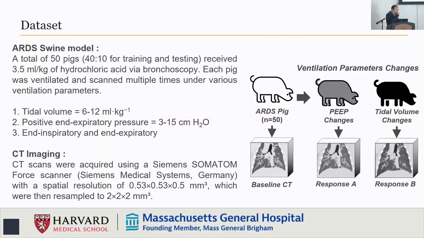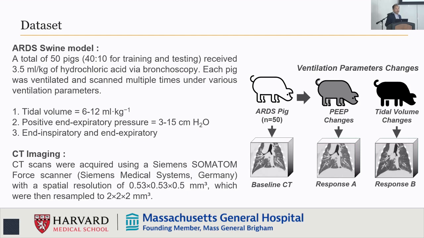This is feasible because we are lucky to have a very good data set, collected by my collaborator in critical care. They have taken a lot of images of these small pigs, and the whole experiment takes more than 1 day. At the beginning, the pig is healthy. They do CT scans, then they create an ARDS phenotype in real time.